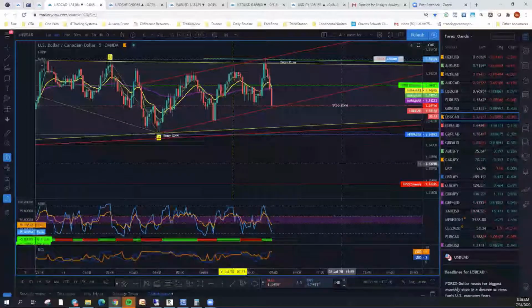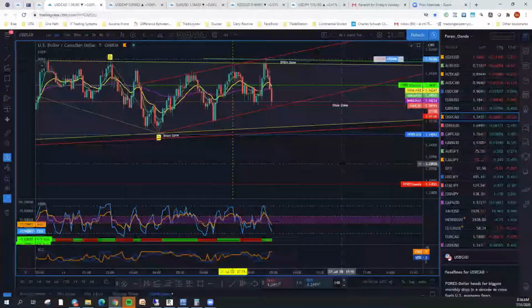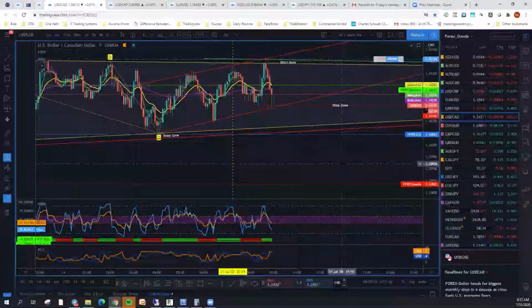So people will go to the Swiss franc, they'll go to the yen for a safe haven, and they go to precious metals for safe havens. But if you're buying gold right now, you're buying at the all-time high, which is the exact opposite of what you want to be doing.